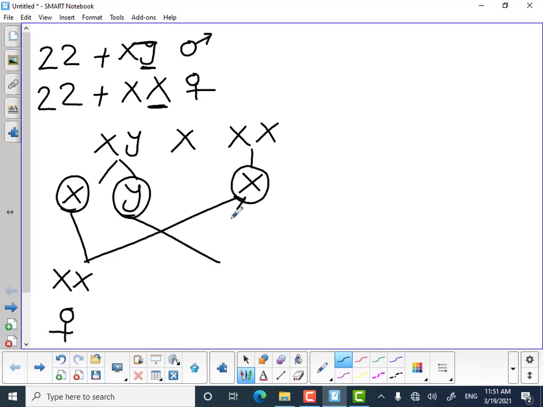If the gamete from the female, which is the only possibility, mates with the Y from the man, which has two possibilities, the baby will carry the Y chromosome, and this baby will be male, XY.